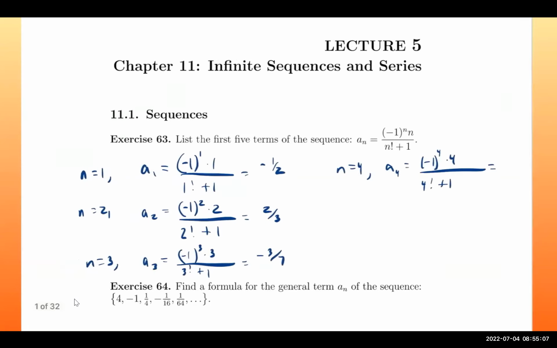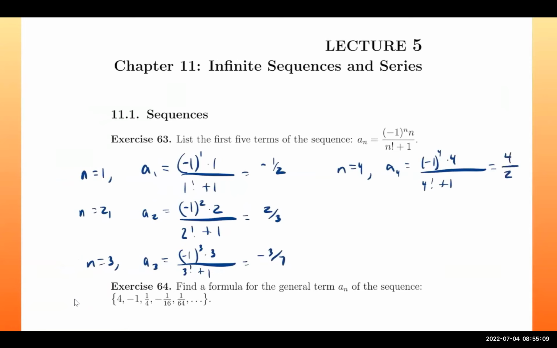Should get 4 over 25. And the last one, should get negative 5 over 121.